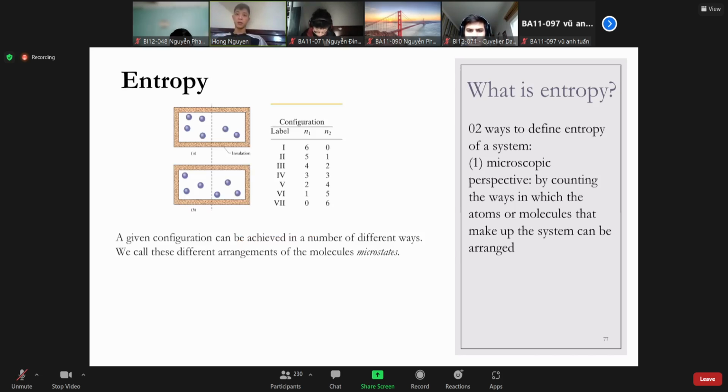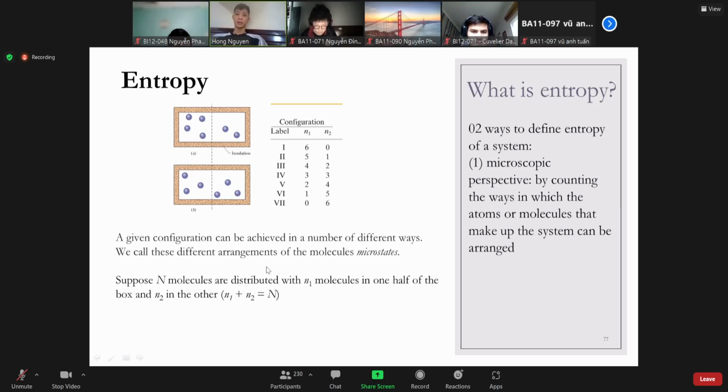We call these different arrangements the molecules' microstates. So each microstate can be found in either 1 to 7 configurations like this.